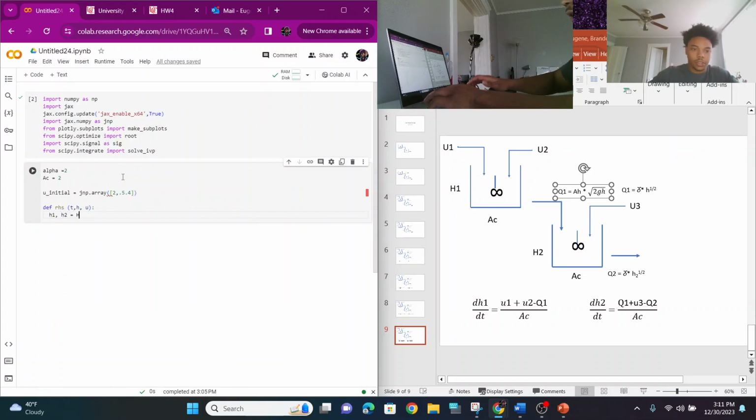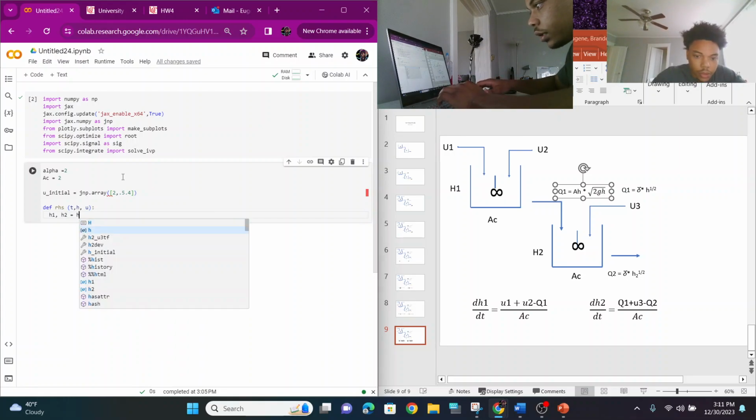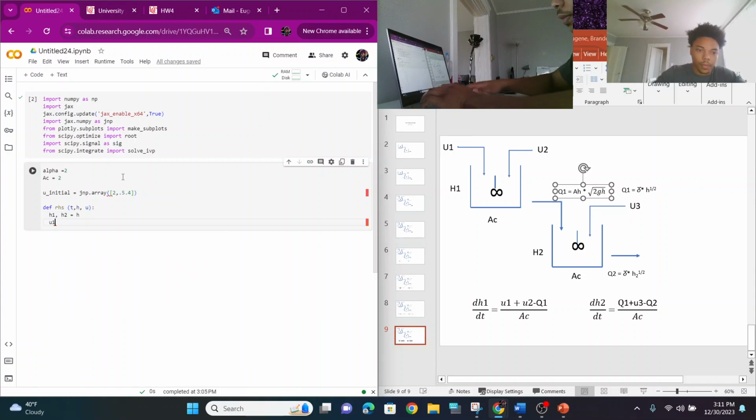And we're going to be using 3 different flow rates: flow rate U1, flow rate U2, and flow rate U3. Right now we're just defining our variables.